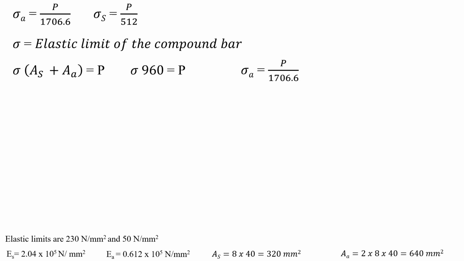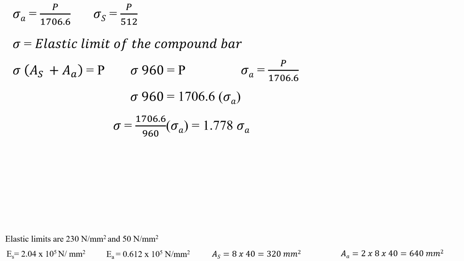And we determined the sigma A and P relation, that is sigma A equals P divided by 1706.6. From these two equations we can equate the P value, so sigma into 960 equals 1706.6 into sigma A. So from this equation, sigma equals 1706.6 divided by 960 into sigma A. Sigma A is the elastic limit of the aluminum, which is given in the data, that is 50.